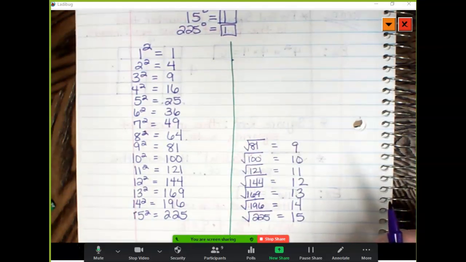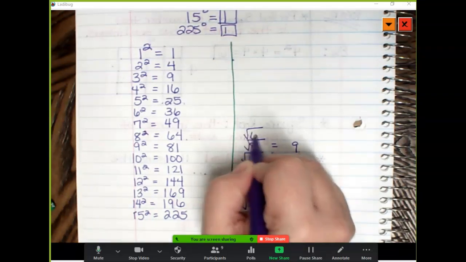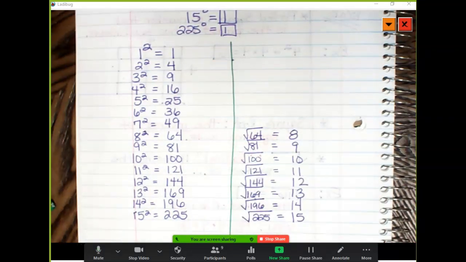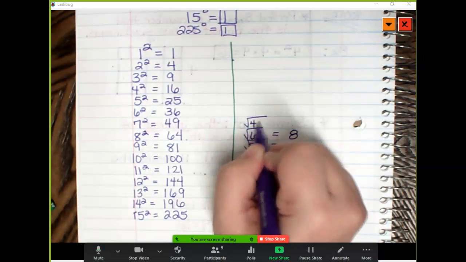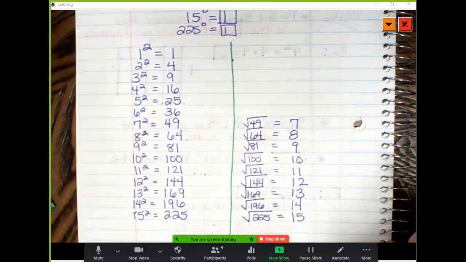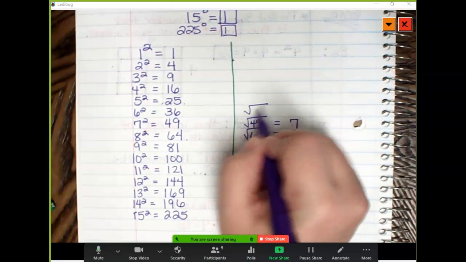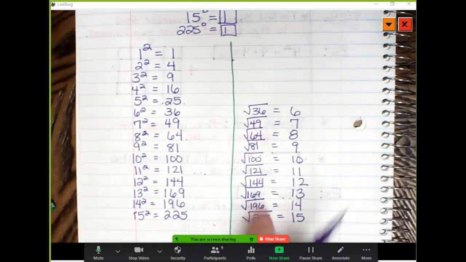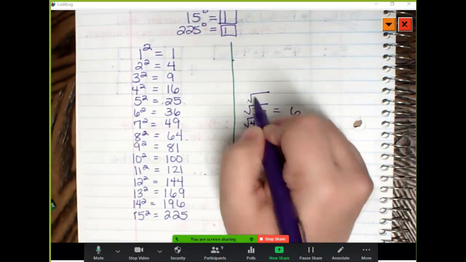Good, good, good. 9. Square root of 64. Square root of 49. Square root of 36. So really, I'm just using my perfect squares here. Square root of 25.